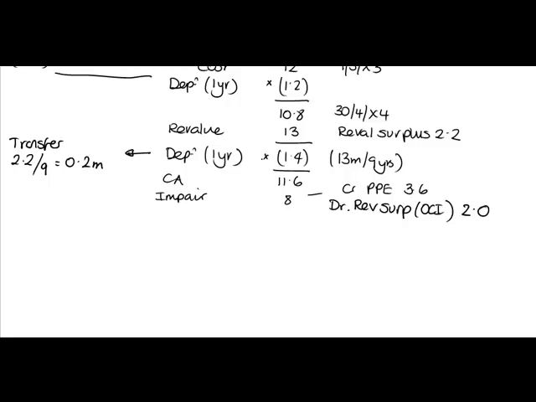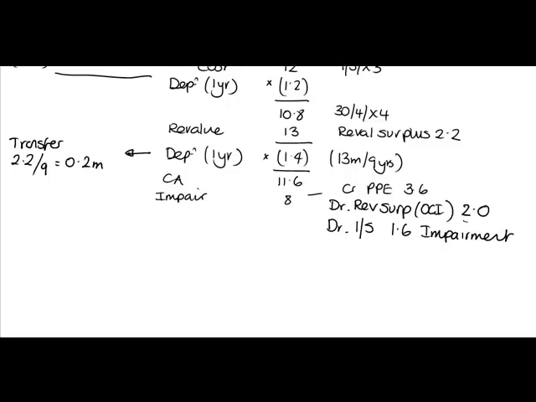And that's an F7 issue. So I debit the revaluation surplus, the remaining figure of 2.0, and we debit the income statement 1.6, which is our impairment.